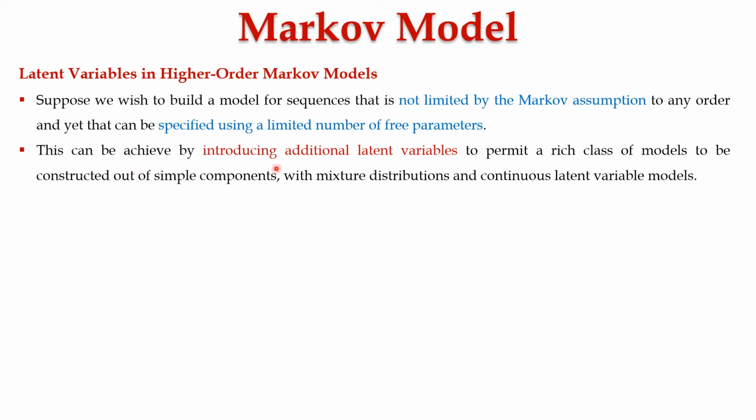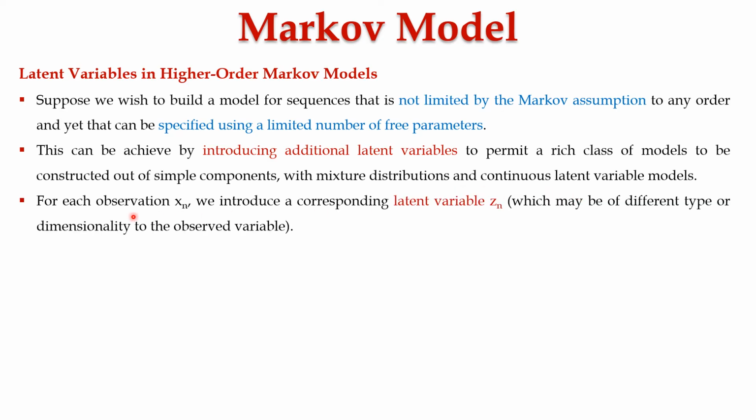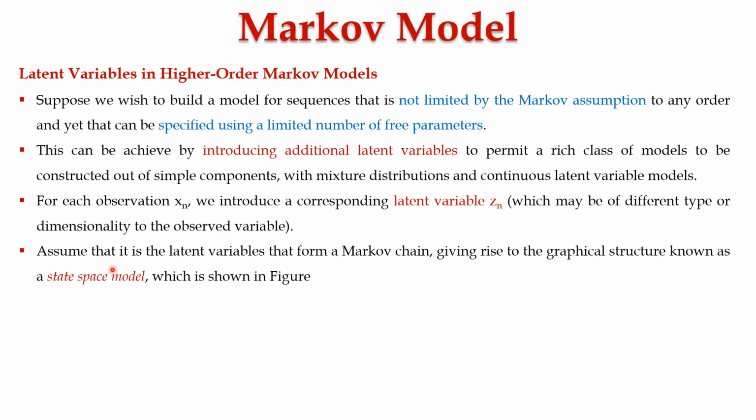This can be achieved by introducing additional latent variables to permit a rich class of models to be constructed out of simple components, as with mixture distributions and continuous latent variable models. For each observation xn, we introduce a corresponding latent variable zn. Assume that the latent variables form a Markov chain, giving rise to the graphical structure known as the state space model.